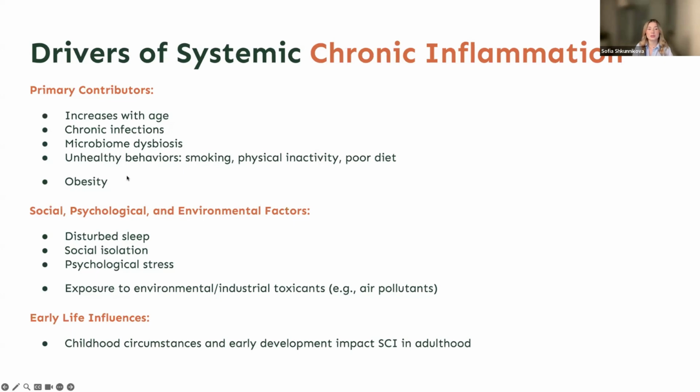So we're looking at disturbed sleep, social isolation, psychological stress, or exposure to environmental or industrial toxicants. And finally, even early life influences or childhood trauma could impact systemic chronic inflammation in adulthood. And there's actually a lot of studies going on right now that are looking at this.